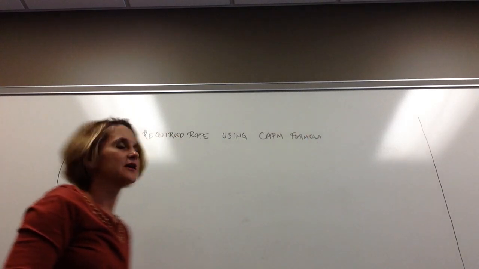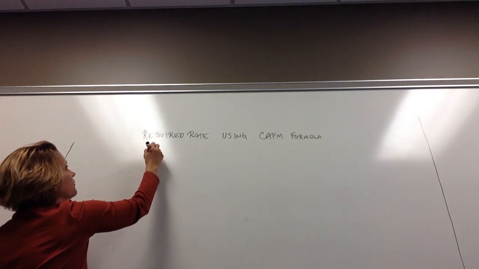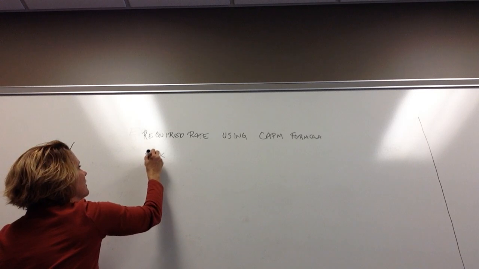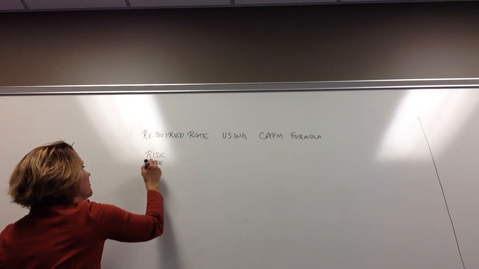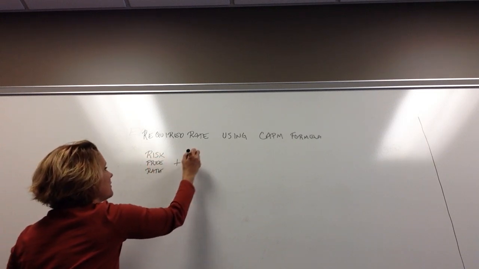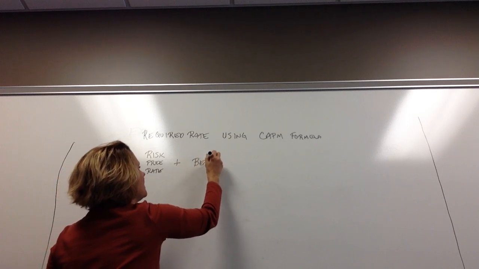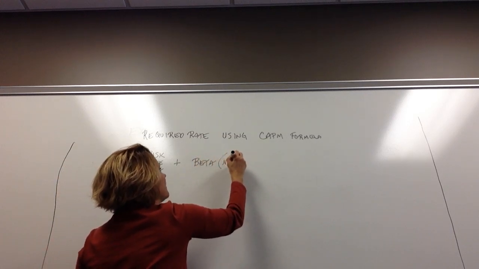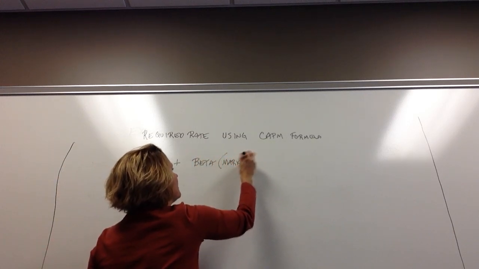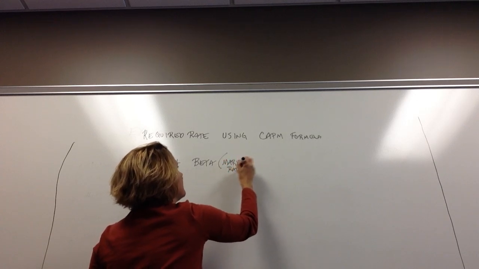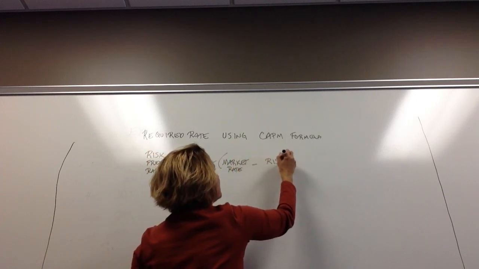The formula is our risk-free rate plus the beta times the market rate minus the risk-free rate.